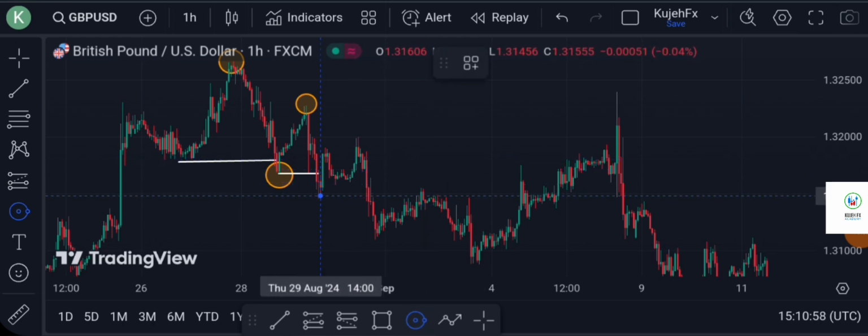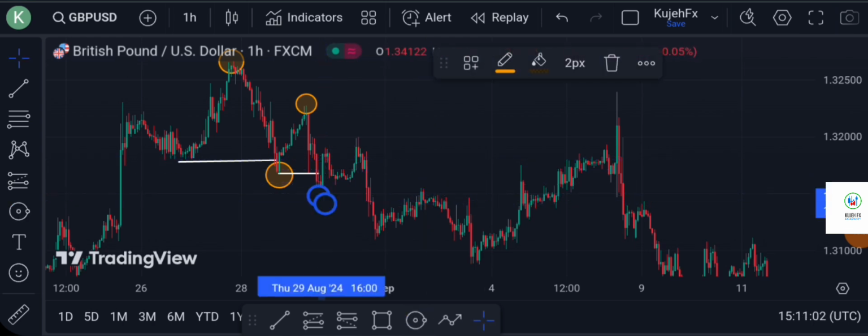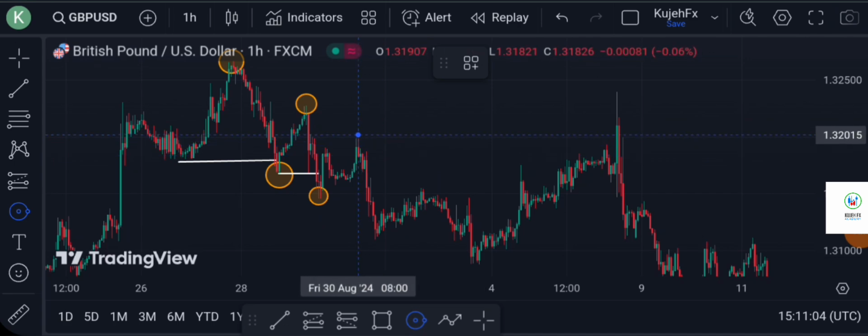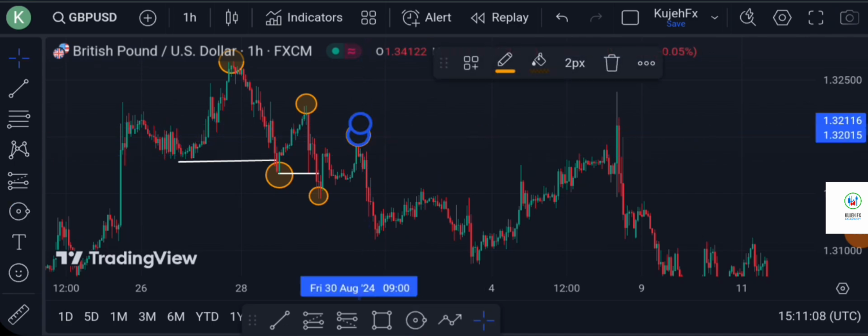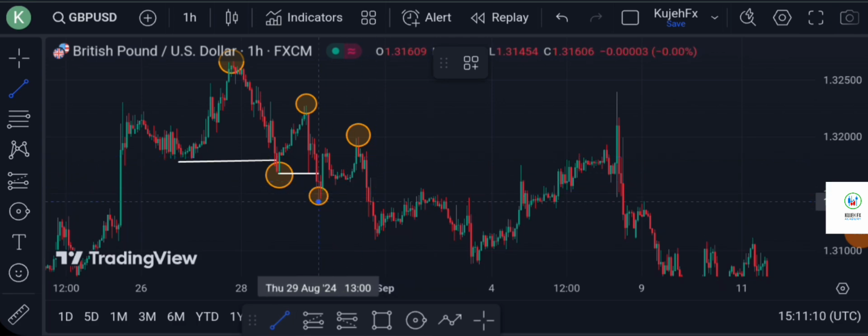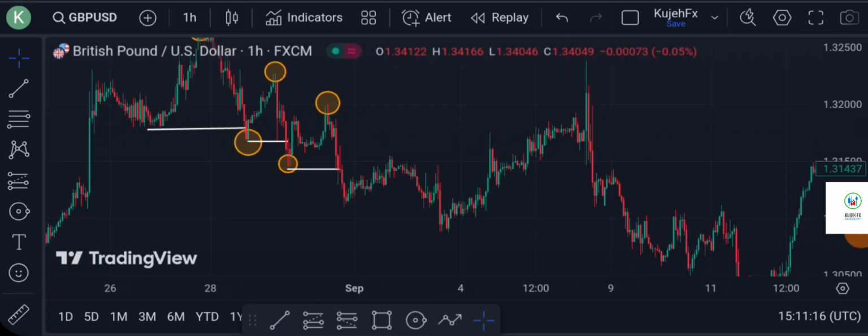And what happened? It creates a lower low again here, comes back here, creates a lower high, and then the market gives us a break of structure in the same direction, telling you that it wants to continue its trend. So this is what we call break of structure in the same direction, market continuing its trend, right?